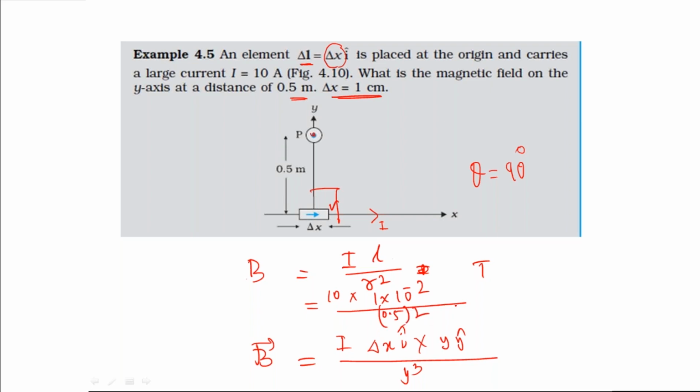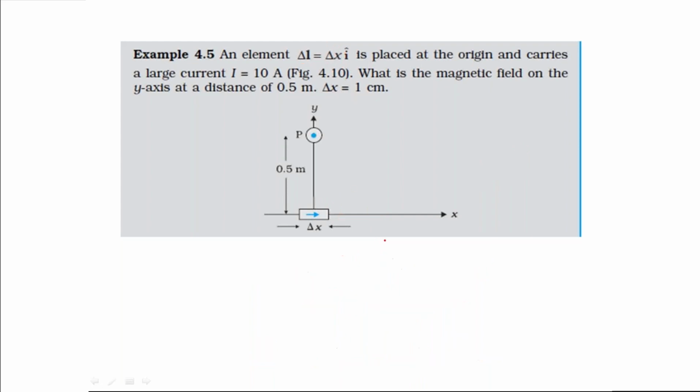If I do the calculation, then I'll be able to find out the value. So this value you can calculate by yourself. I'm not doing the whole part, I'm just telling you the direction.